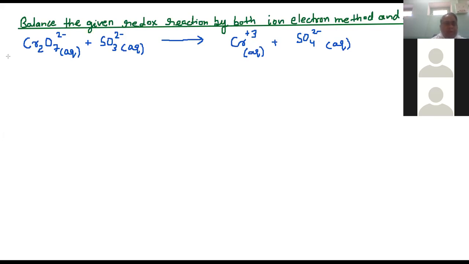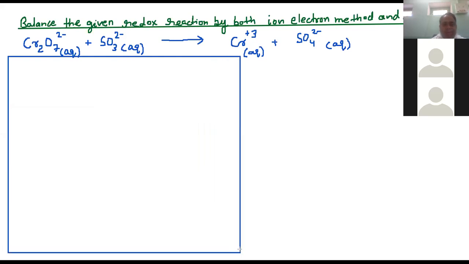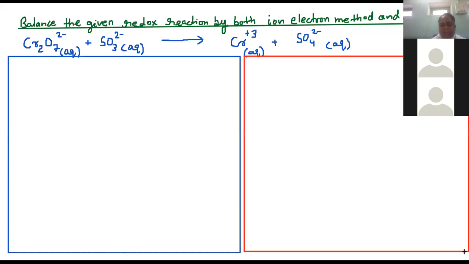So first we will do by oxidation number method. Here we will do by oxidation number method, and here we will do by ion electron method.